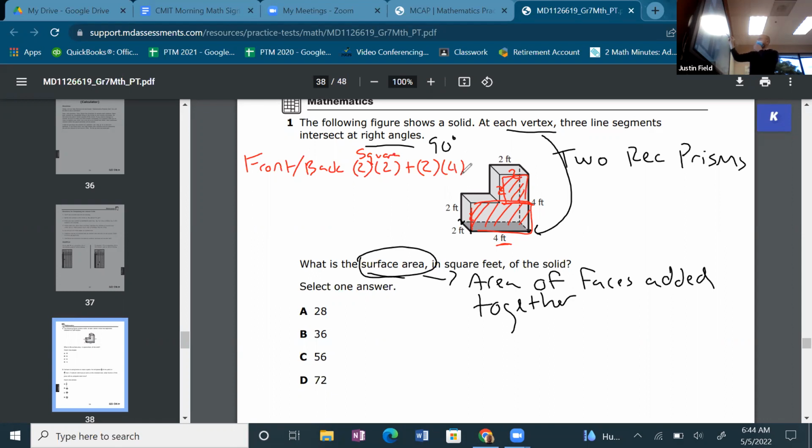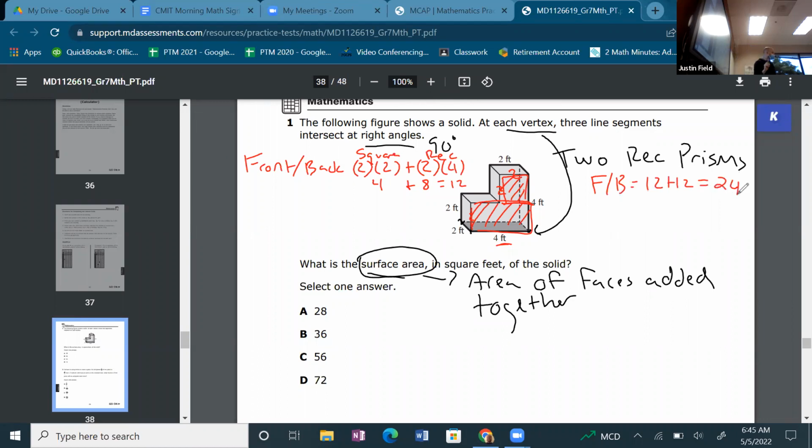And the nice thing about this shape is all of these are that same square or that same rectangle. So now we know that's going to be 4 plus 8, which is 12. So the front and the back together, 12 plus 12 is 24.